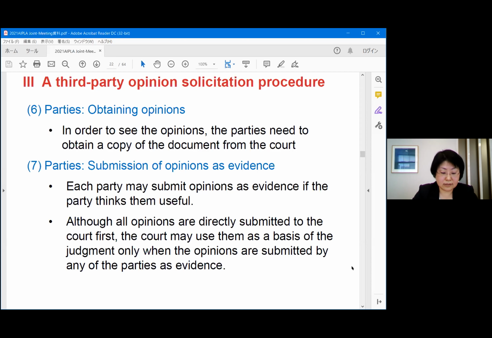And by taking such a step, the court can decide the case based on the evidence any of the parties submitted. And also, it avoids delay in court proceedings because the court does not have to look at all the opinions submitted by a third party.